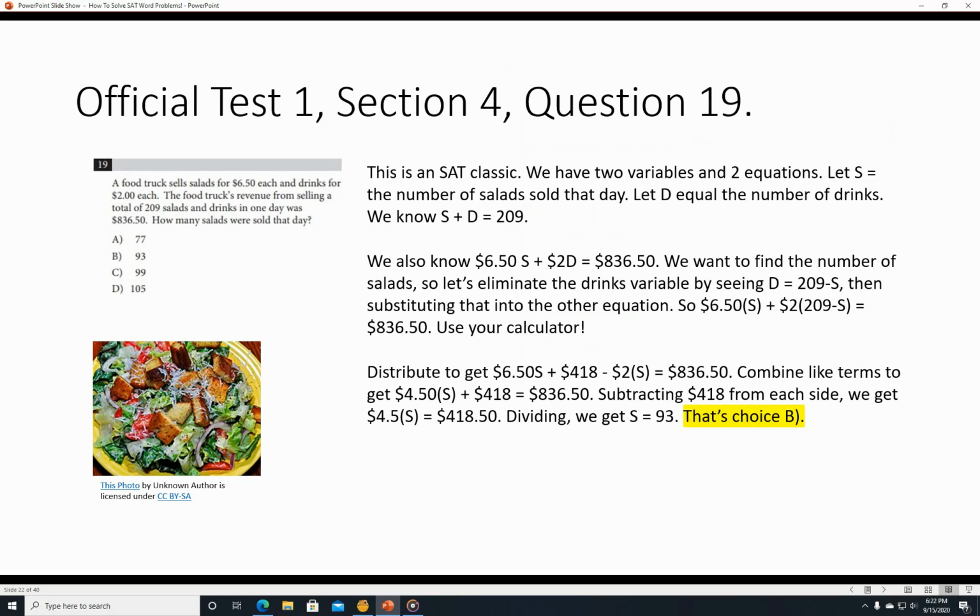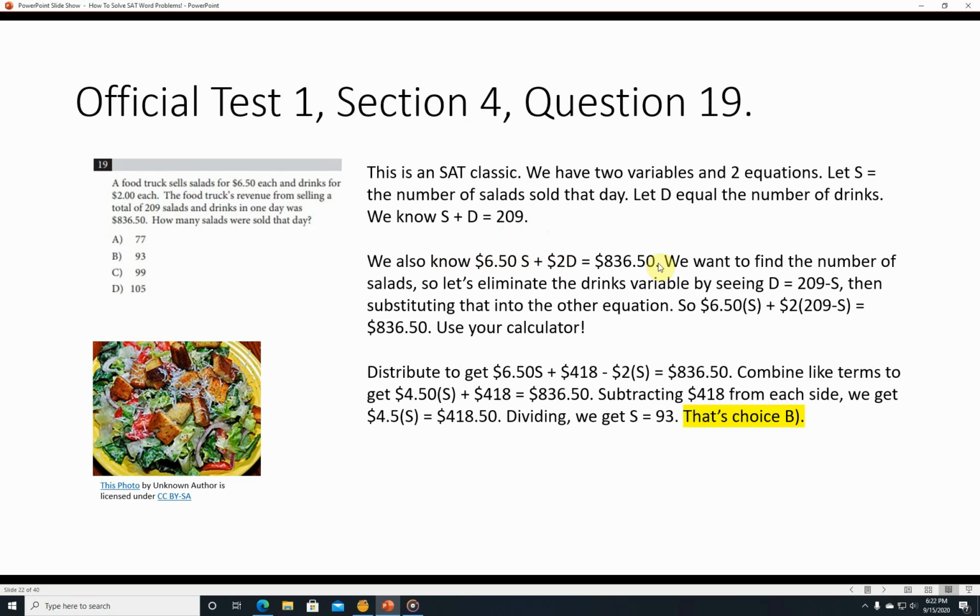So this is an SAT classic. We have two variables and two equations. Let S equal the number of salads sold that day, and let D equal the number of drinks. We know S plus D is equal to 209. We also know that 6.50 times S plus 2D is $836.50.